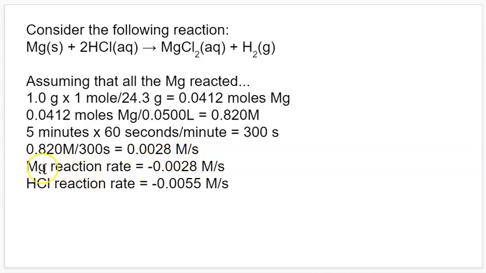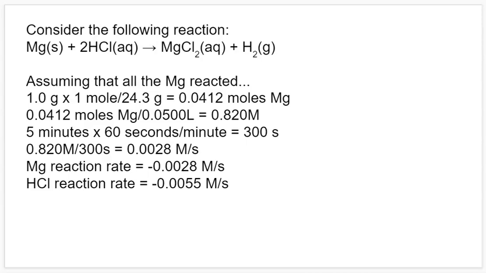And since this is for the magnesium, that's going to have a negative in front of it to indicate that it is a rate of change of disappearance. And then for my other reactant, the hydrochloric acid, since it is being used up at a rate of 2 times that of the magnesium, I can just multiply that value by 2, and I get negative 0.0055 molar per second for the hydrochloric acid.